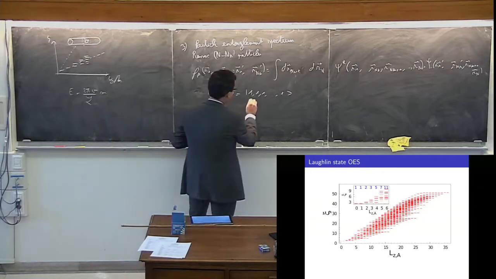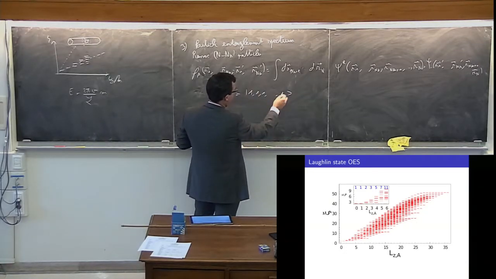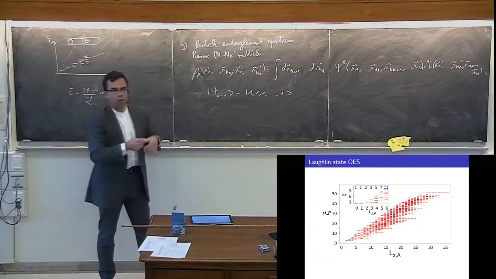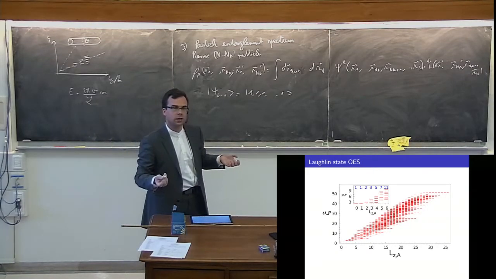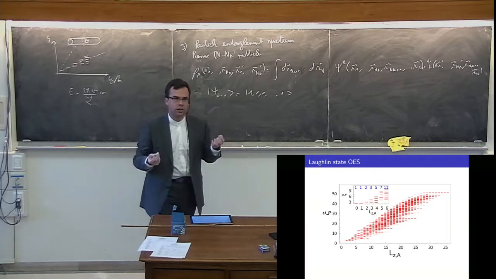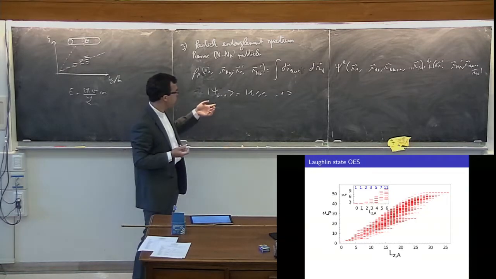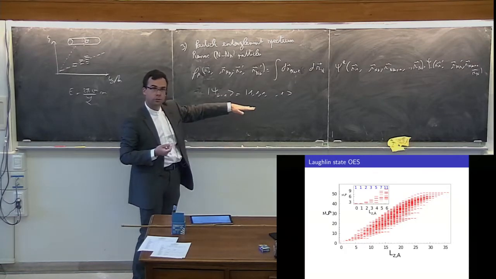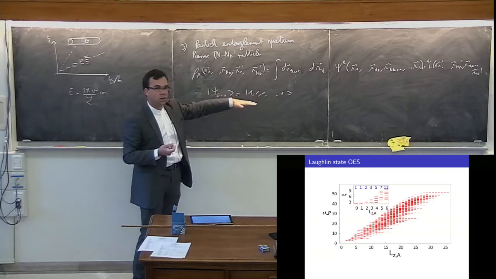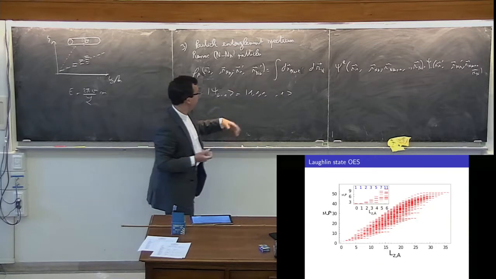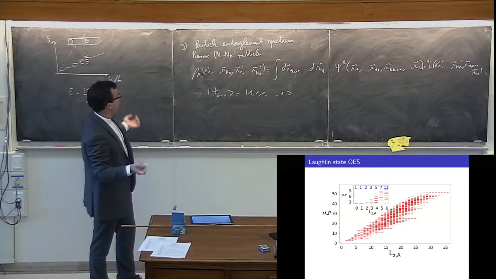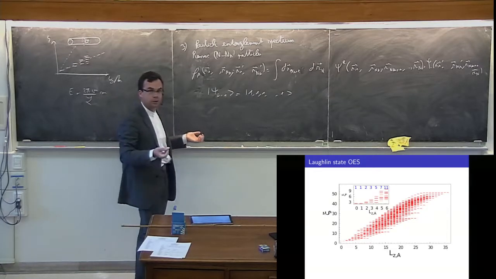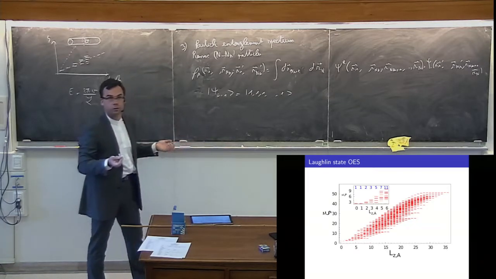So I can keep, for example, the first one, the third one, and the last one. Or I can take any of the possible combinations. So you see that the particle entanglement spectrum for the nu equal 1 won't be trivial. And you can actually count how many levels you will get in the entanglement spectrum just by some combinatorics. It's just the number of ways you can pick Na particles among the n particles that you have in your original system.